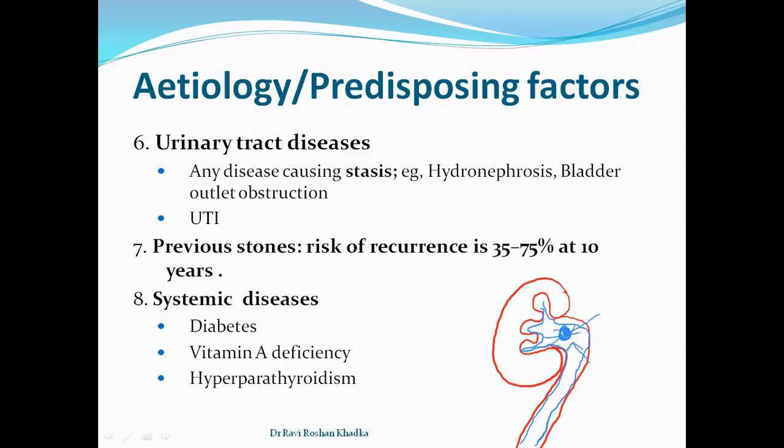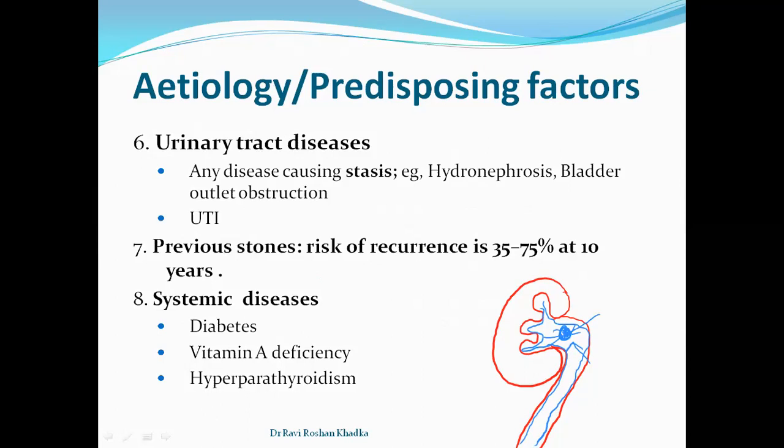That's why vitamin A deficiency leads to desquamation of epithelium, mainly urothelium, which then acts as nidus, attracts other crystals and may lead to stone formation. This is very commonly found in children.